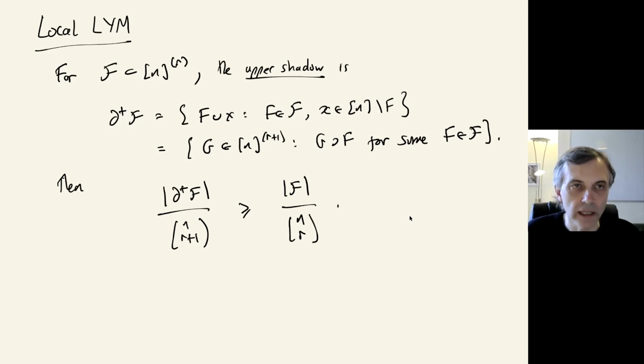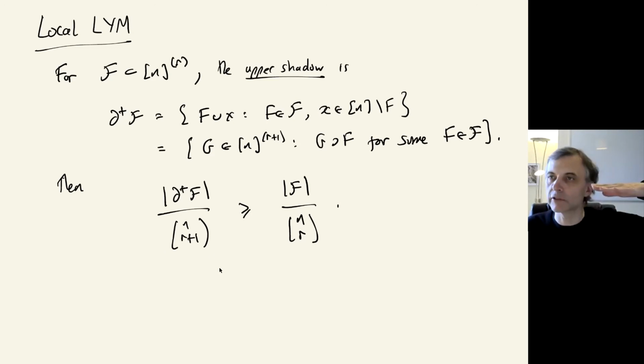And the local LYM inequality says that if I take the upper shadow, then the fraction of the (r+1)st layer contained in the upper shadow is at least as much as the fraction of the rth layer contained in the original system. Okay, so it's an easy but very useful result. And you can prove it by double counting or by random chains or whatever.